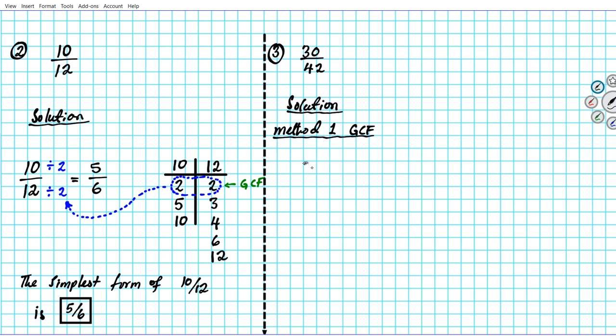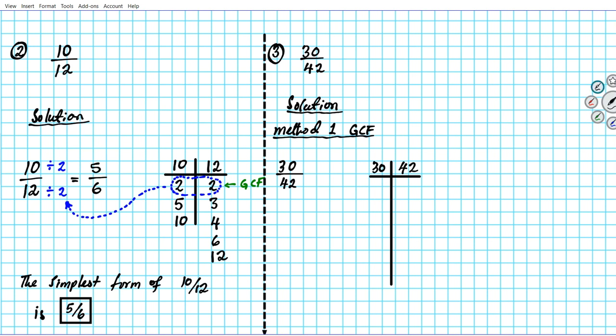We have 30 divided by 42. So what we're going to do is list all the factors of 30 and 42, and then look for the greatest common factor. So we have 30 and 42. Now let's list all the factors of 30 and 42, and then look for which one is the greatest one.